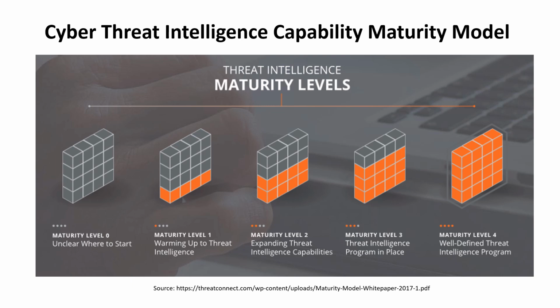Level 2, or defined, is a documented, standardized, and reviewable process. Level 3, or managed, is a proactive, metrics-driven process with some automation. Level 4, also called the optimization level, is automated, integrated, and predictable.